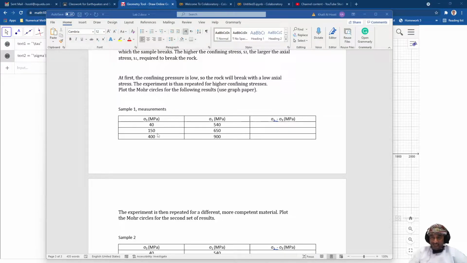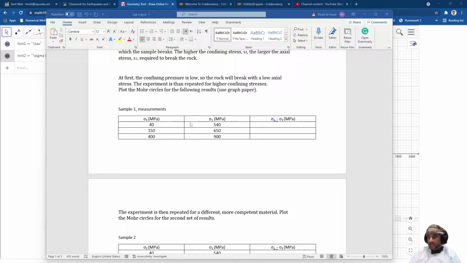If I increase the horizontal force, then I need more vertical force to again make a fracture in the rock sample. So that's what's exactly happening. I'm increasing the horizontal confining pressure or force, so I need more vertical force to make a fracture.